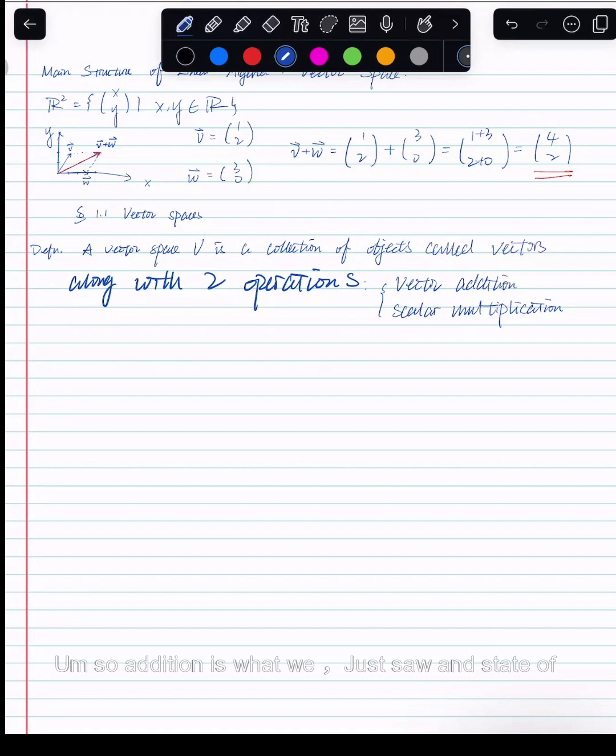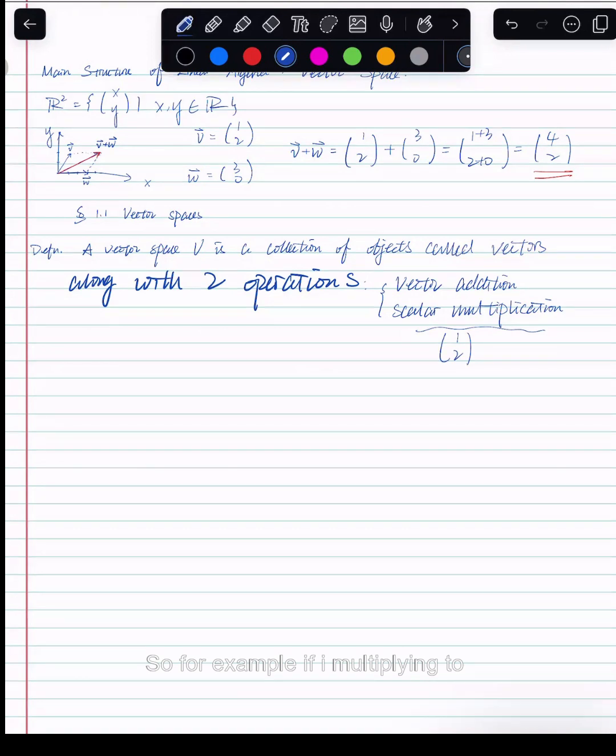Addition is what we just saw, and scalar multiplication basically means, if I have a vector 1, 2, I'm going to multiply it with a scalar, which is usually a real number, but sometimes a complex number, depending on if you're in a real vector space or complex vector space.